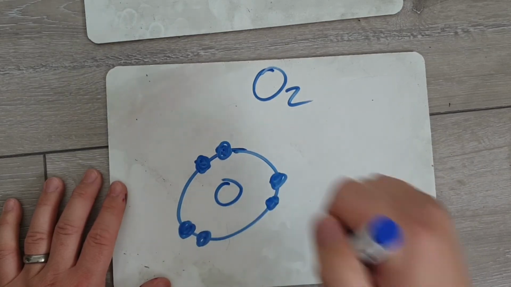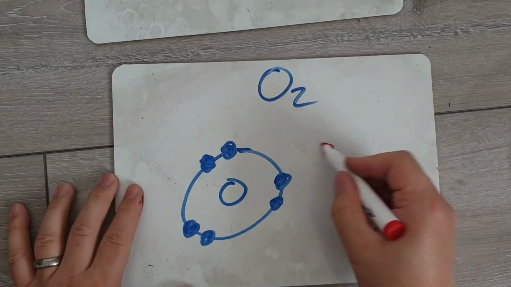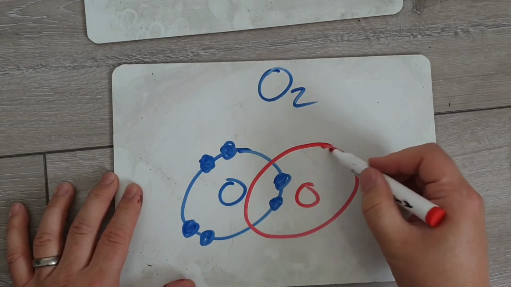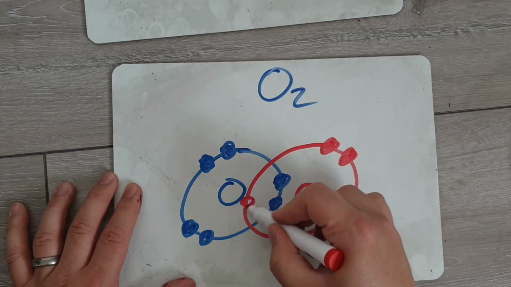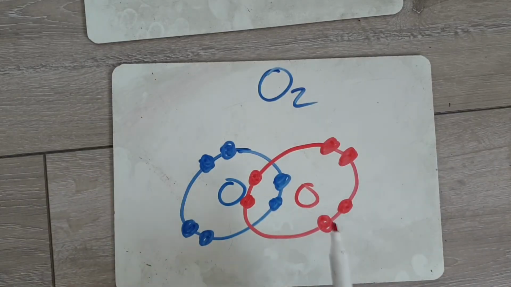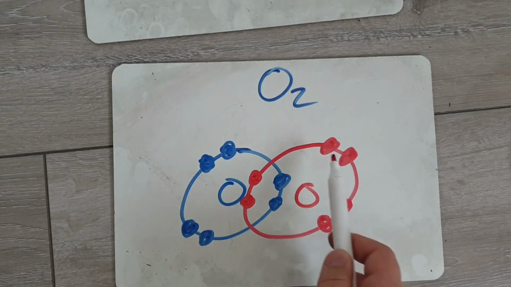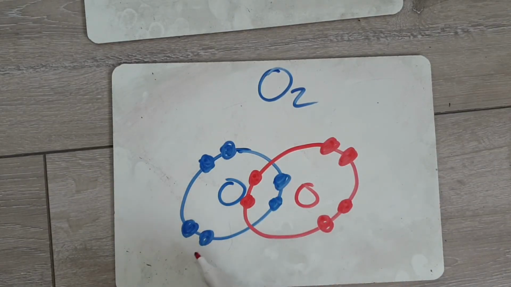It's in group 6, so it's got 6 on its outer shell. Then we've got another oxygen here. 1, 2, 3, 4, 5, 6. So this one's now got 1, 2, 3, 4, 5, 6, 7, 8. And this oxygen's got 1, 2, 3, 4, 5, 6, 7, 8. So this is a double bond because they are sharing 2 pairs of electrons.